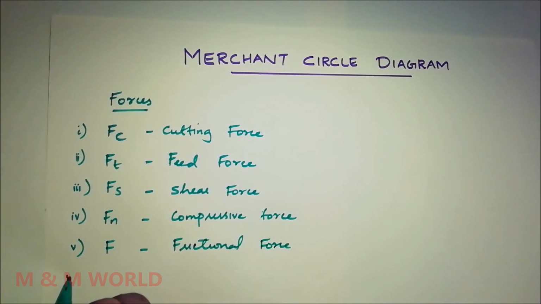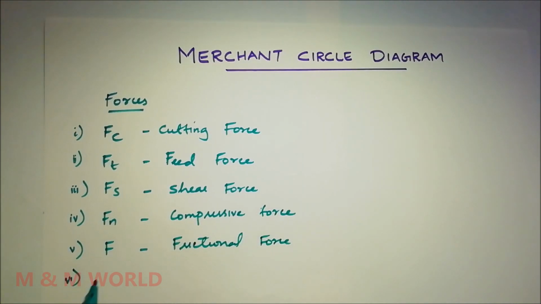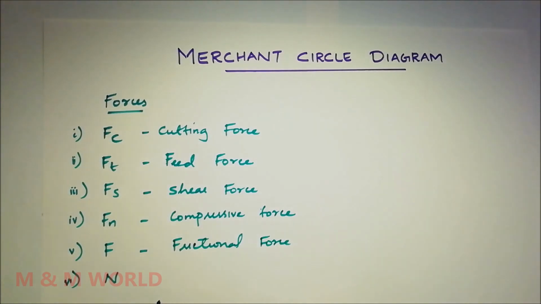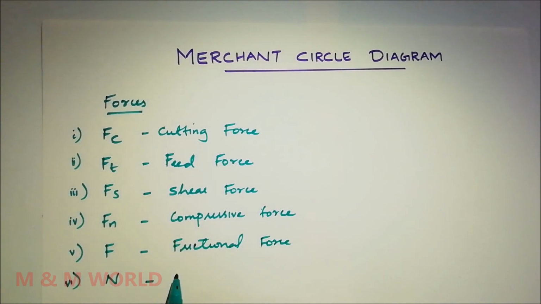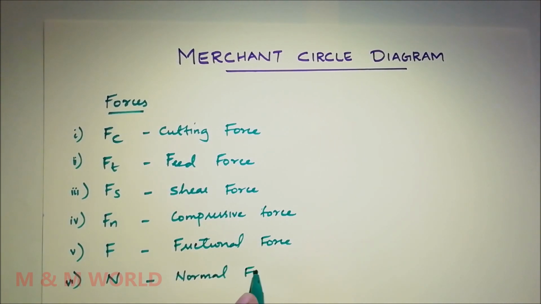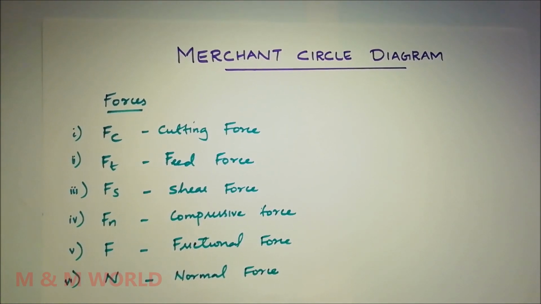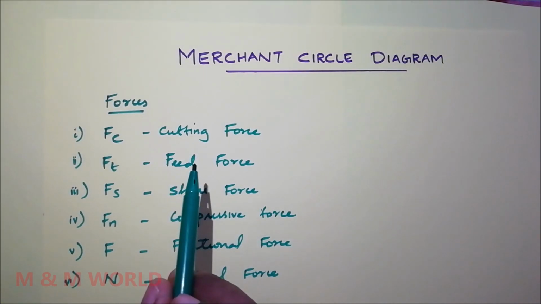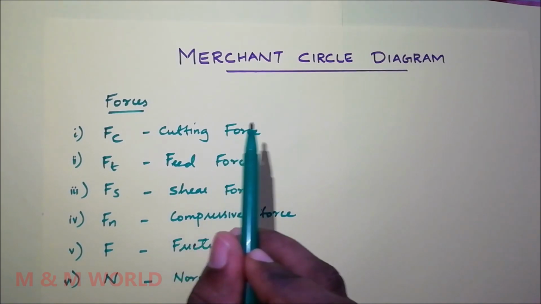Sixth one is N, the normal to the chip force, which is the normal force at the rake surface of the tool. So these are the forces acting on the cutting tool or on the chip.